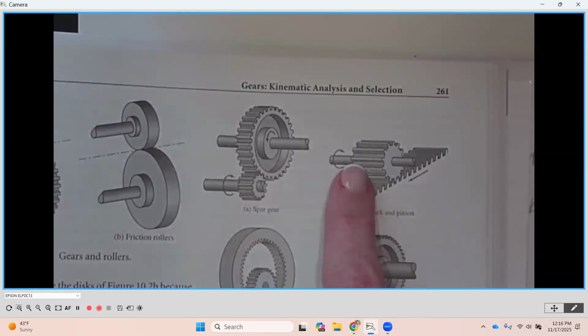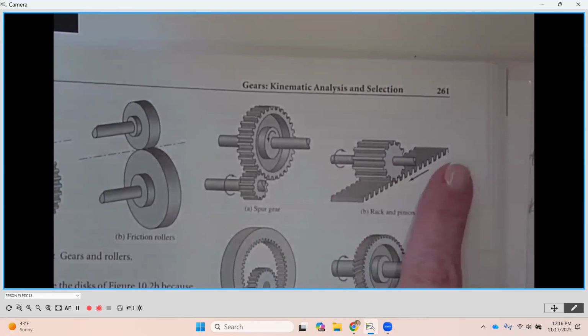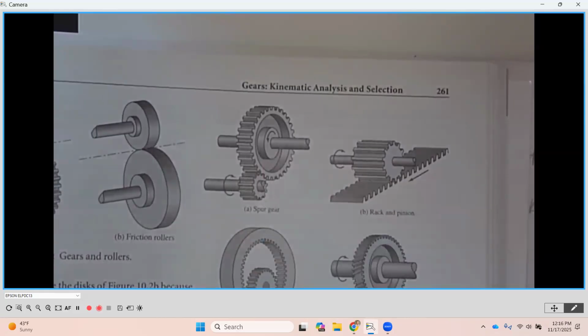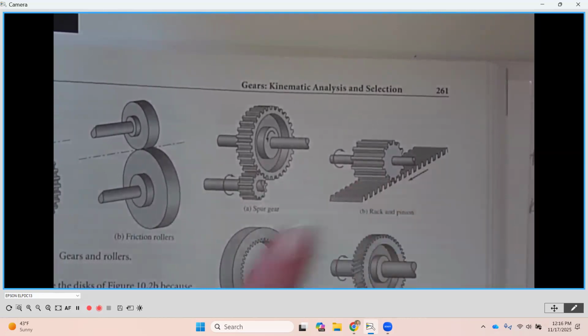In this case, we have rotational motion on the pinion, but then on the rack, it's going to be linear or translational motion. Okay, so input would be circular or rotational motion, and then output would be linear.